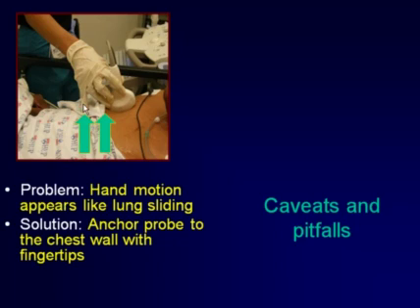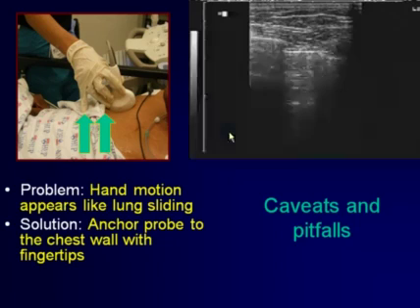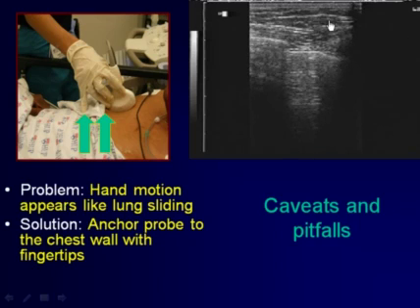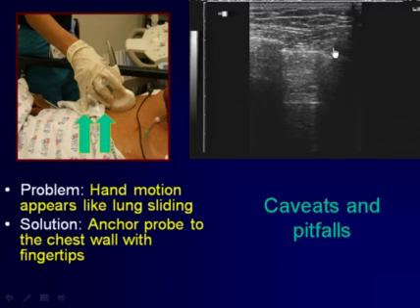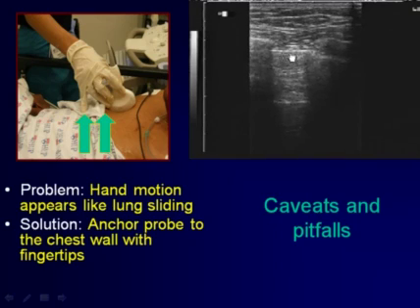And if it's comfortable, the pinky finger can also be used to stabilize the probe. A good exam should demonstrate a complete lack of movement of this area here, of the subcutaneous and muscular tissues, so that the eye can focus on the presence or absence of movement here.